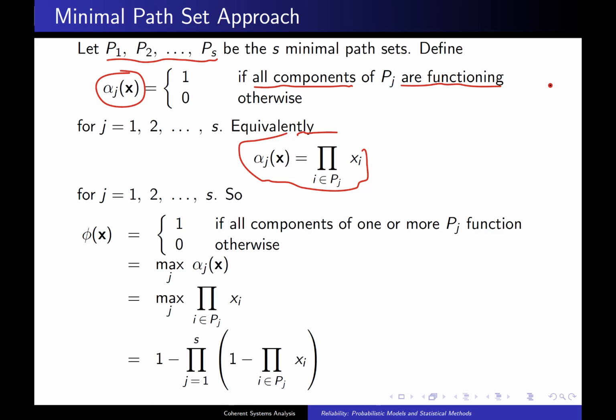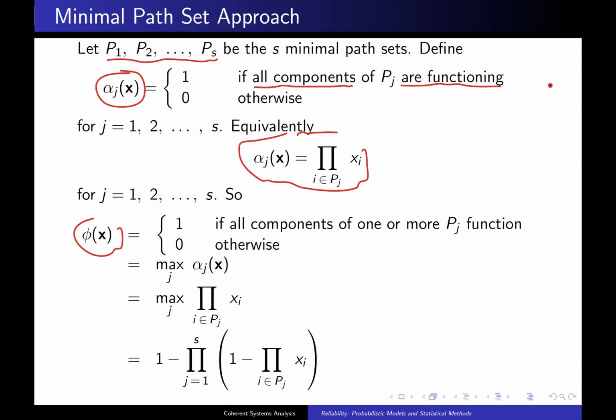So our purpose is to write the structure function in the following fashion. We are going to let phi of x be 1 if all of the components of one or more of the minimal path sets function.